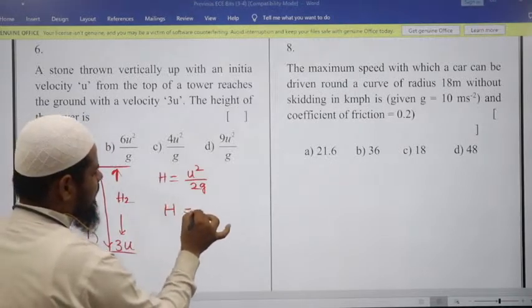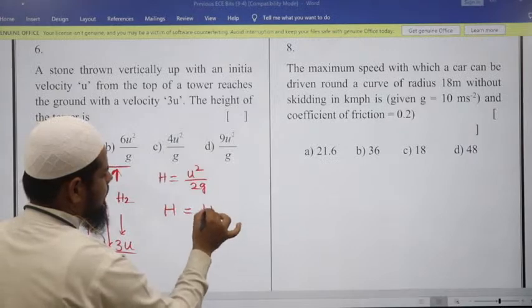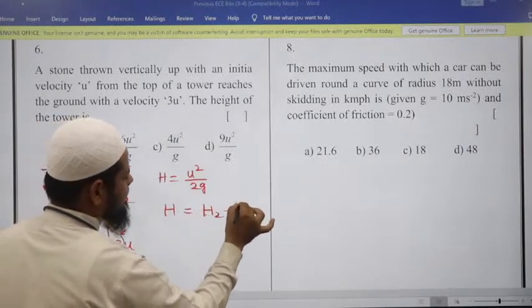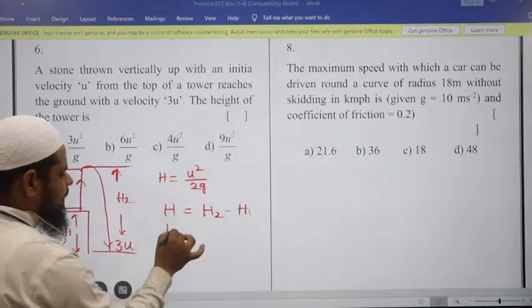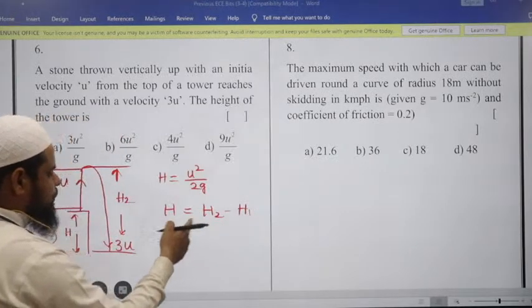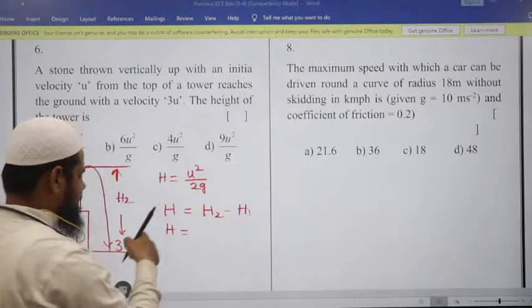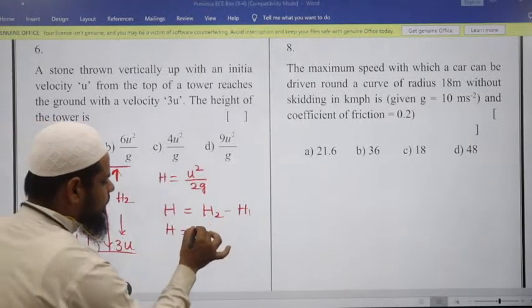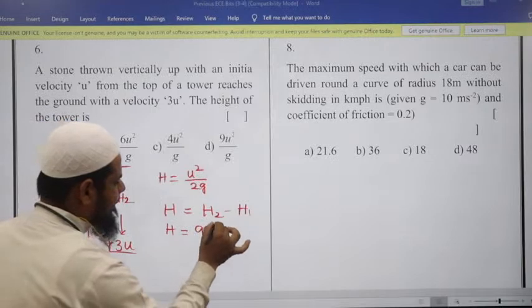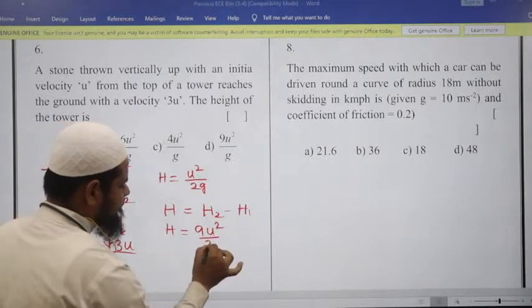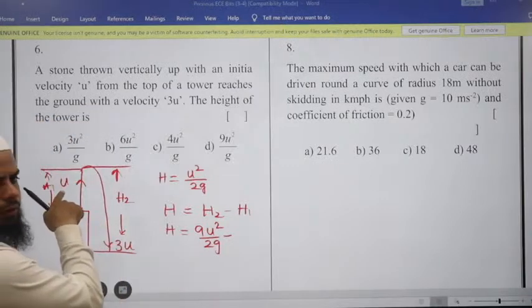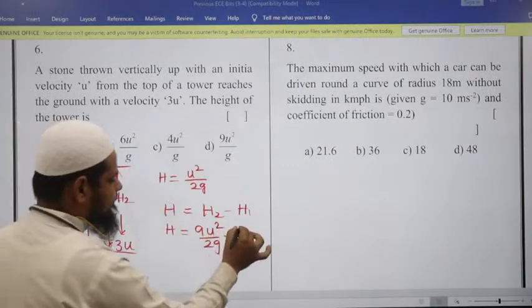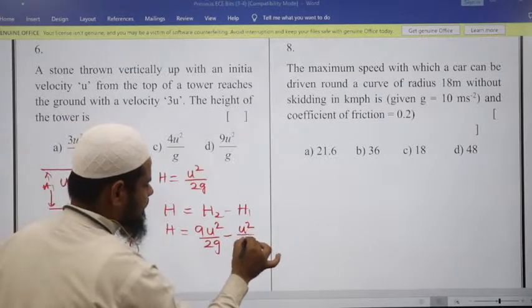H is equal to h2 minus h1. What is h2 here? U square by 2g. If you apply here, 9u square by 2g minus, what is h1 here? H1 here is u square by 2g.